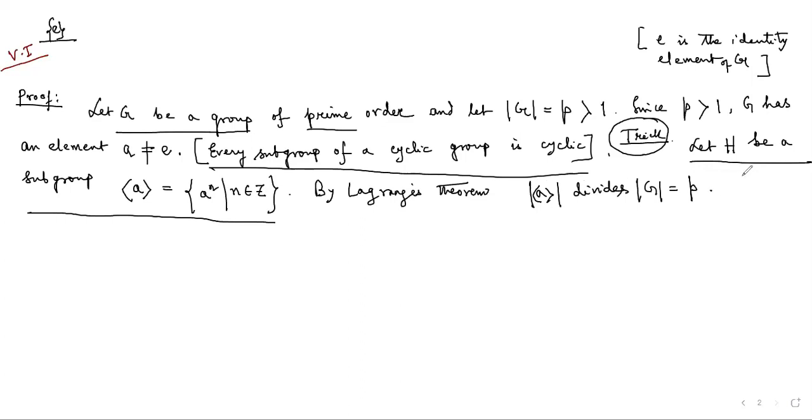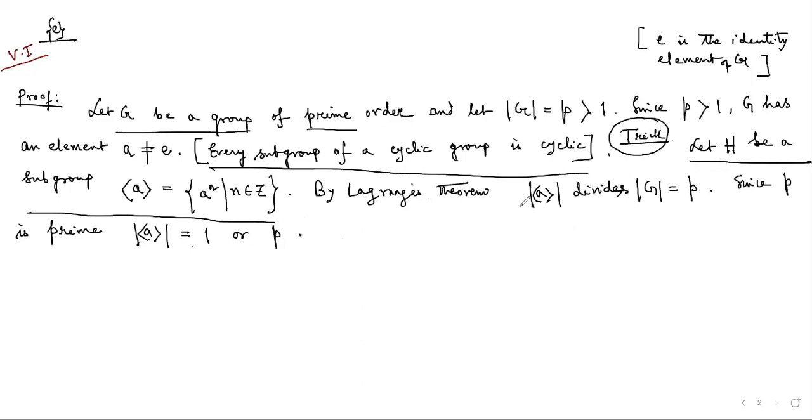And since p is prime, then the order of the subgroup will be either 1 or the prime number itself, because a prime number is a number which is greater than 1 and is divisible by the number itself and 1. No other number divides the prime number.